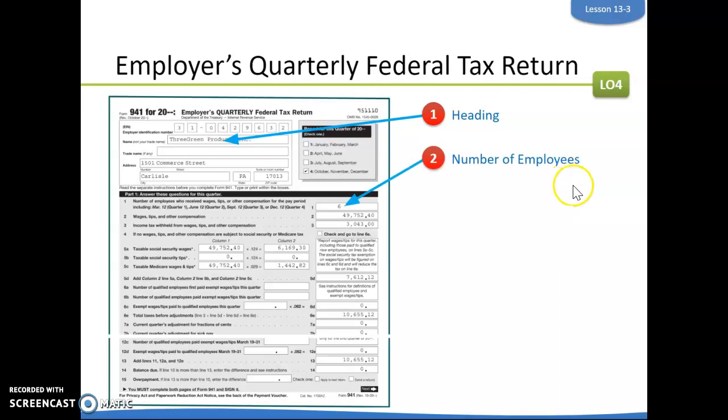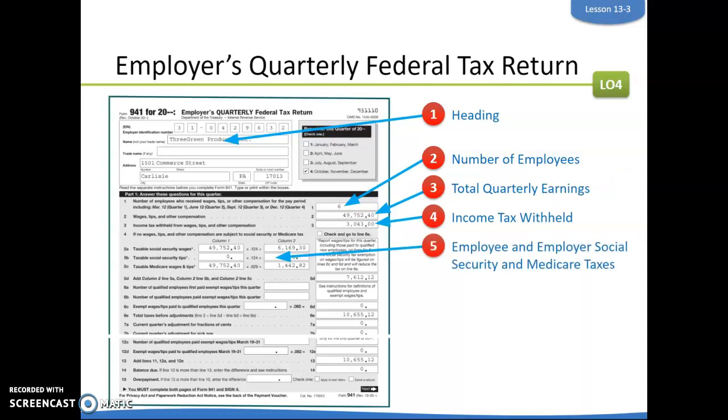Here is the number of employees that we have within the company. Our total quarterly earnings, so between those 6 employees, how much they earned in those 3 months. The income tax that we have withheld from their paychecks. Employee and employer Social Security and Medicare taxes. Okay, so it includes all of that.